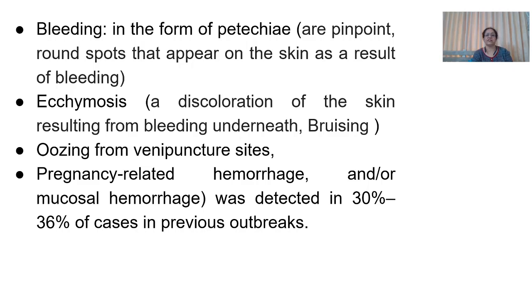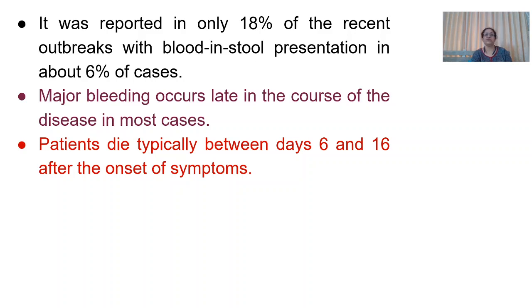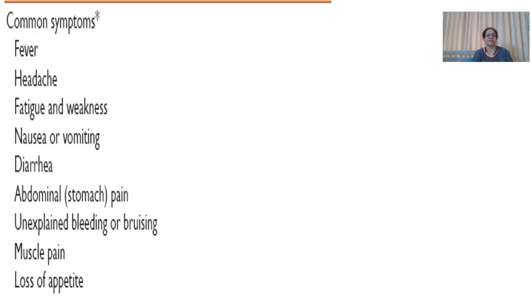This was detected in 30 to 36 percent of cases in previous outbreaks. It was reported in only 18% of the recent outbreaks that stool contains blood. Major bleeding occurs late in the course of the disease in most cases, and death typically occurs between day 6 and 16 after the onset of symptoms.